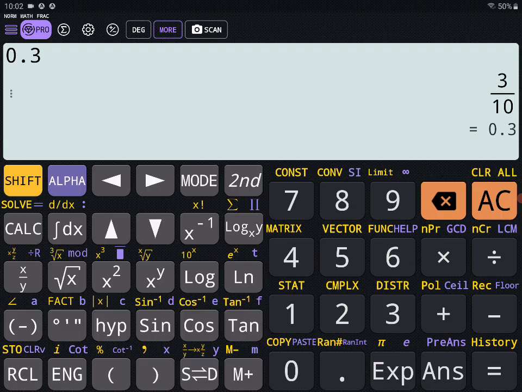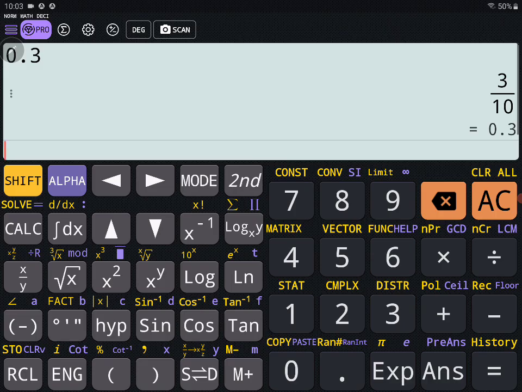The fraction form 3/10. If it doesn't give it, just use this button S here 0.3. Now it is in decimal form. Now when you press it, you can get the simplified fraction form, right? So you use this SD button, this one, right?